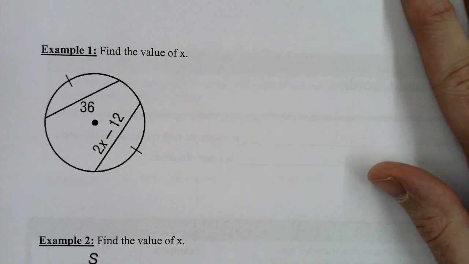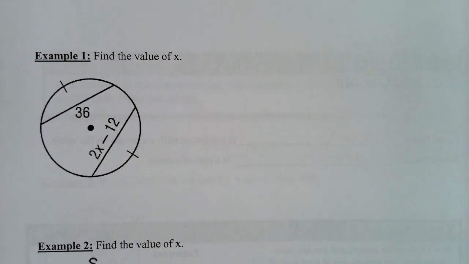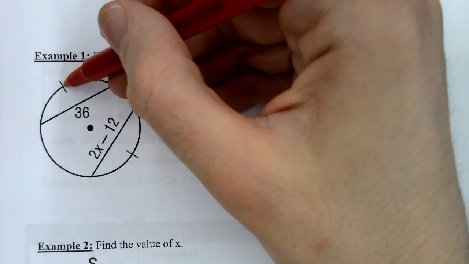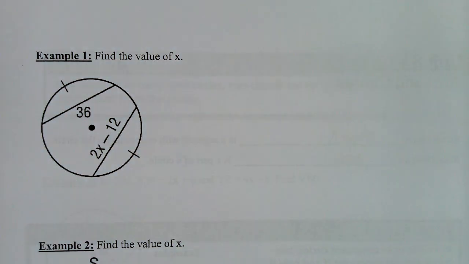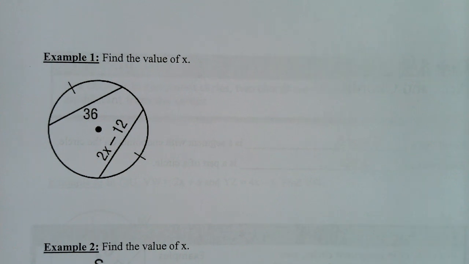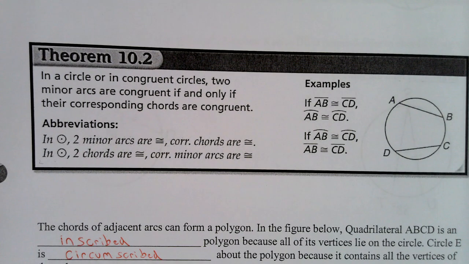Let's start off with a nice, easy example on arcs and chords. Find the value of x. You can see this arc is labeled as being congruent to this arc, so it means that the chords that form those arcs have to be congruent. That's from the theorem on the first page.